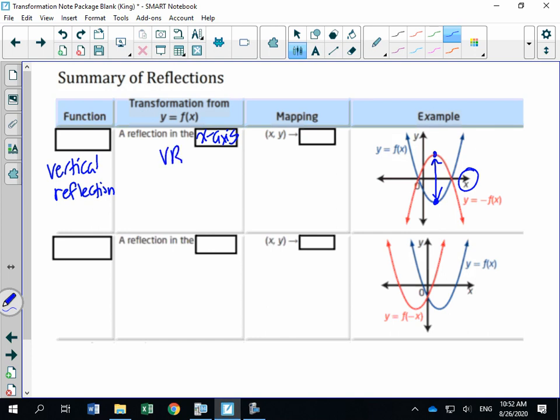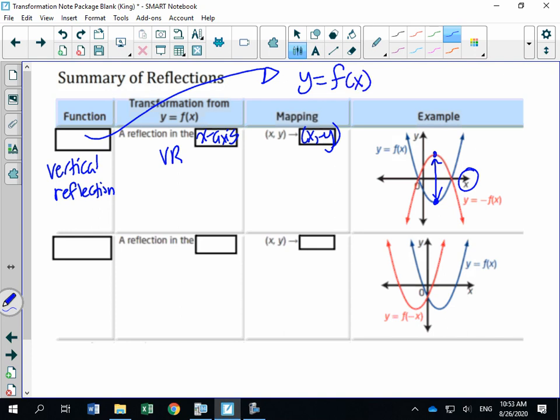Now, what's happening with our points? x comma y is being transformed to x stays the same and negative y, okay? And then over here, I'm kind of running out of room, but y is equal to f of x was our original function.